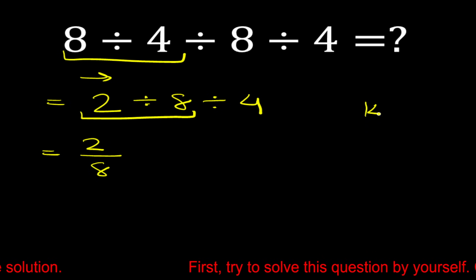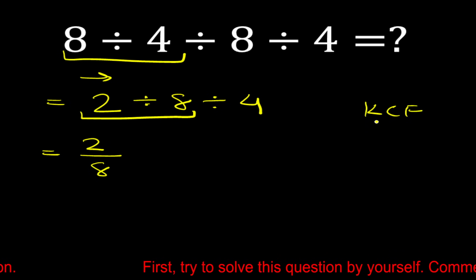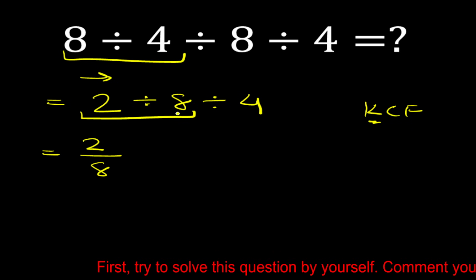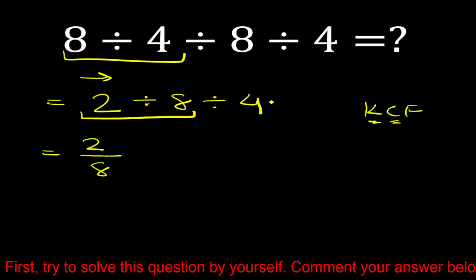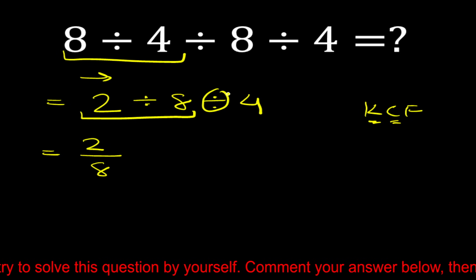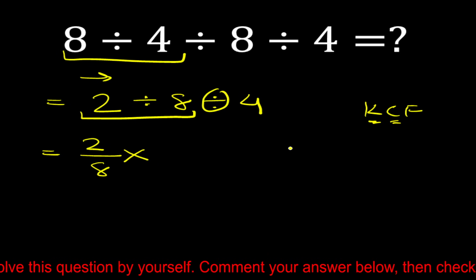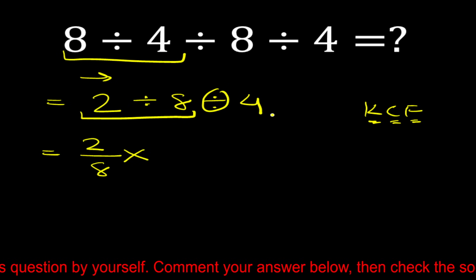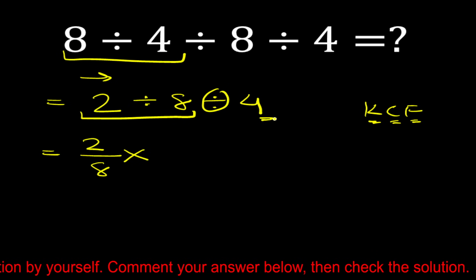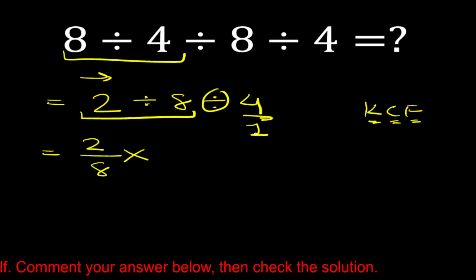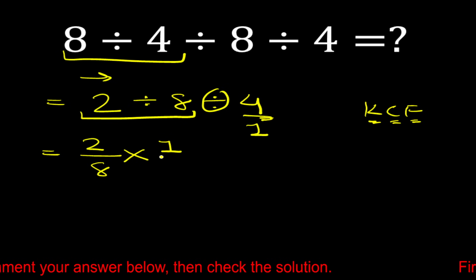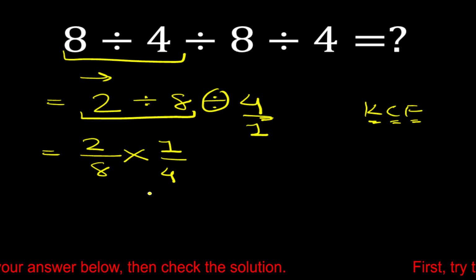Now according to the KCF rule, keep the first fraction the same as it is. Then change this sign. So change this sign from division to multiplication and flip the second fraction. Therefore flip the second fraction 4 by 1 to 1 by 4.